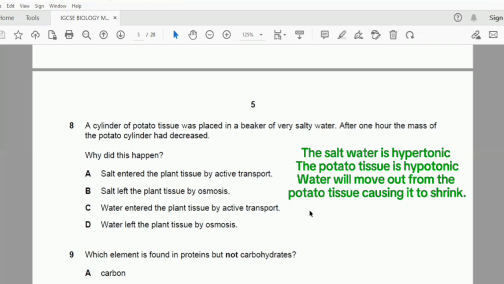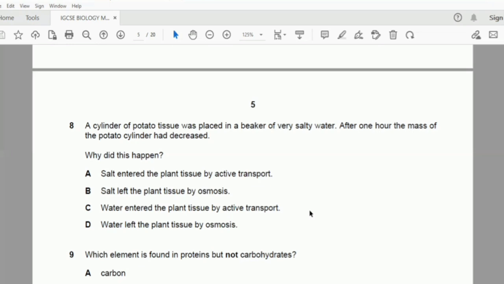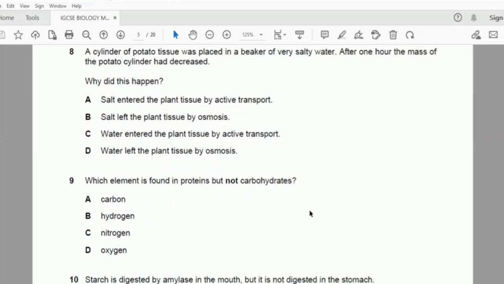So the answer is D, water left the plant tissue by osmosis, the movement of water molecules. It can't be active transport because that requires energy. Salt can't move by osmosis, which is the movement of water molecules. So number 8 is D, water left the plant tissue by osmosis.